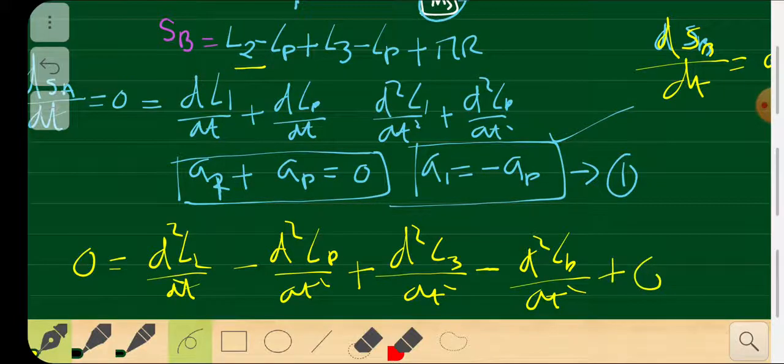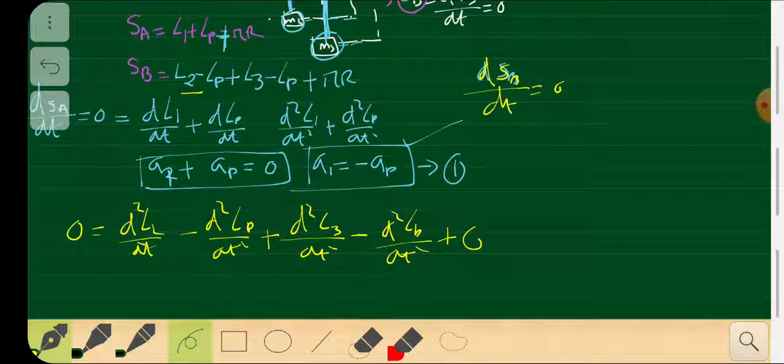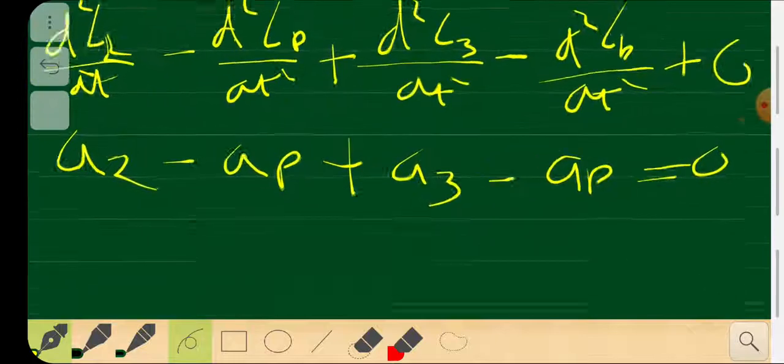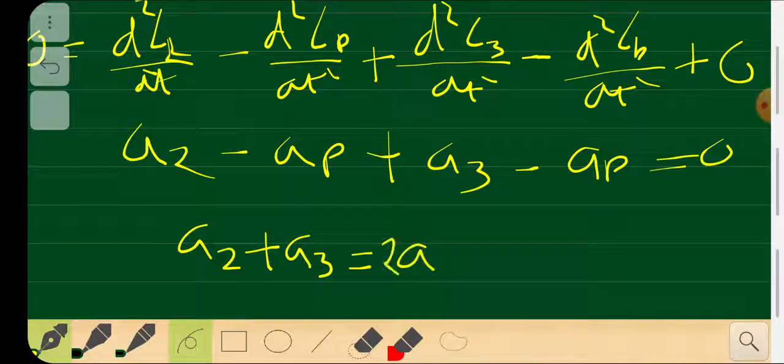It's a constant. So now you get a2 minus aP plus a3 minus aP must be equal to 0. Simplifying, you get a2 plus a3 is equal to 2aP.